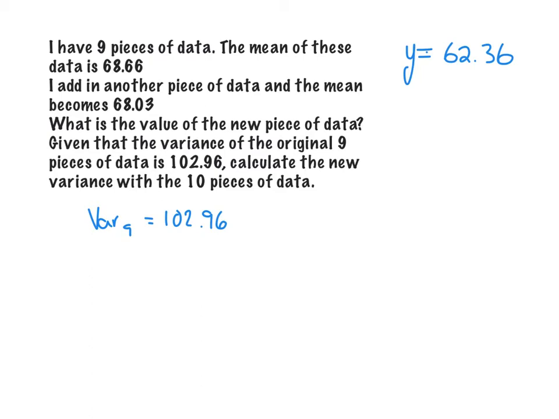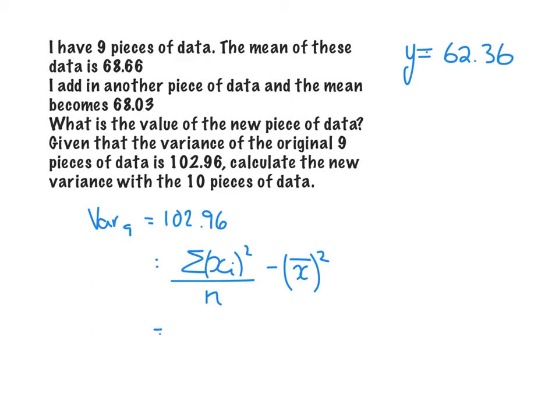The formula for variance is the sum of all of the individual values squared divided by the total number of pieces of data minus the original mean squared. Okay, so we're just going to have some patience, chuck everything in.